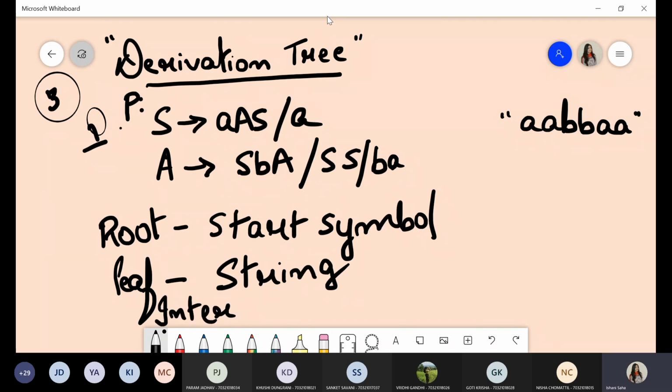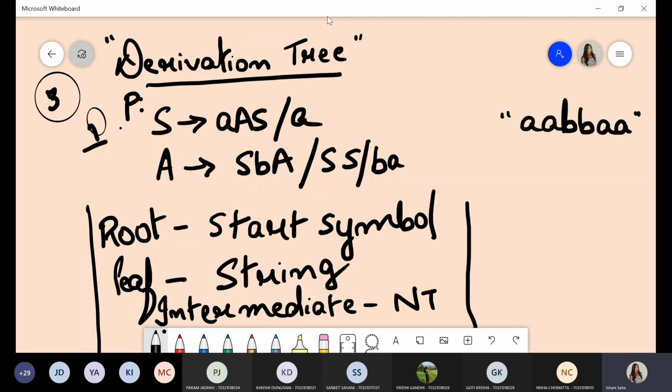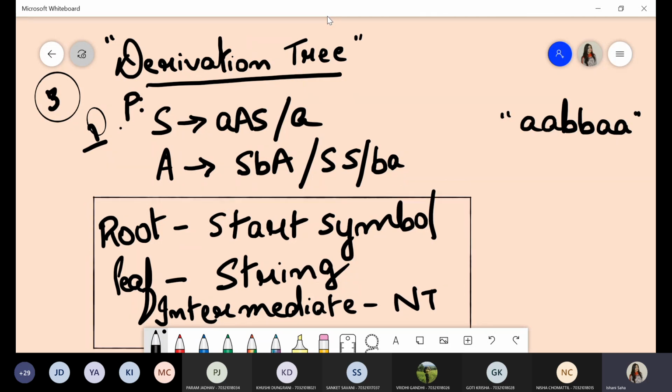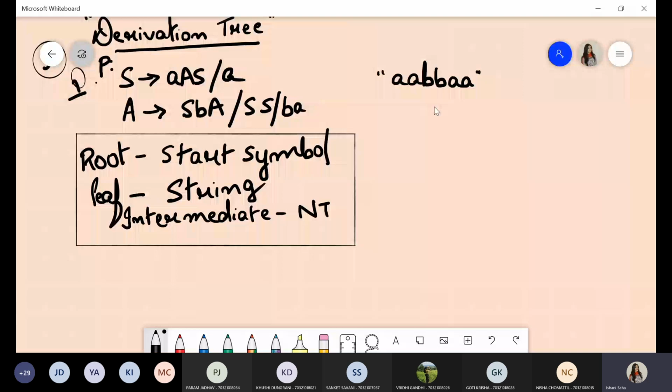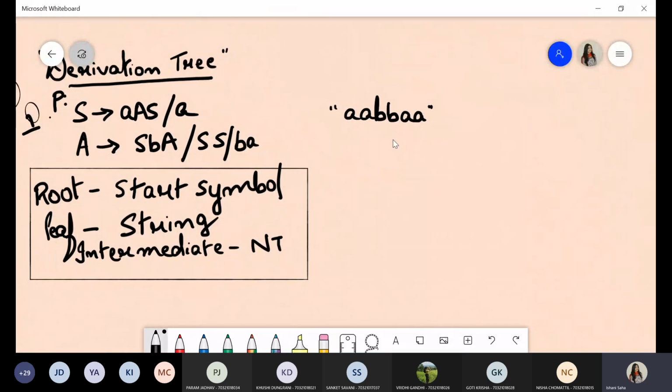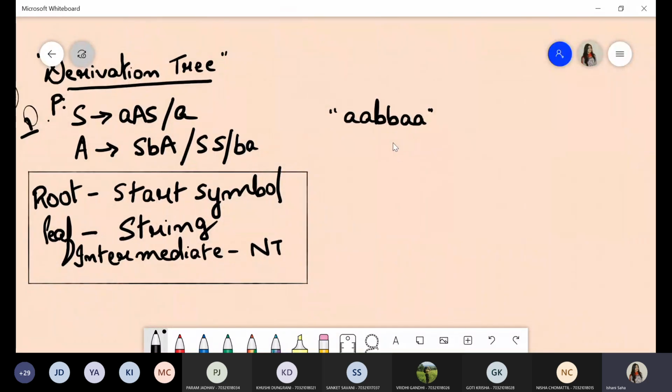They would be the non-terminals. Intermediate nodes would be your non-terminals. So this is the thing that we have to follow to consider a derivation tree. The leaves form the string and intermediate nodes are the non-terminals.